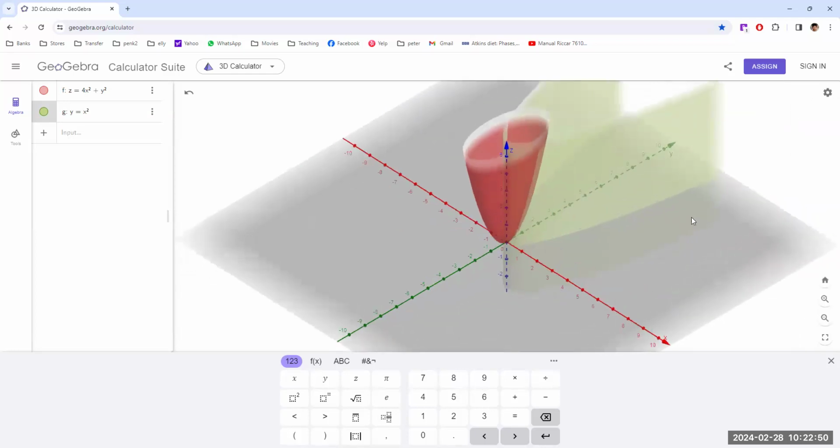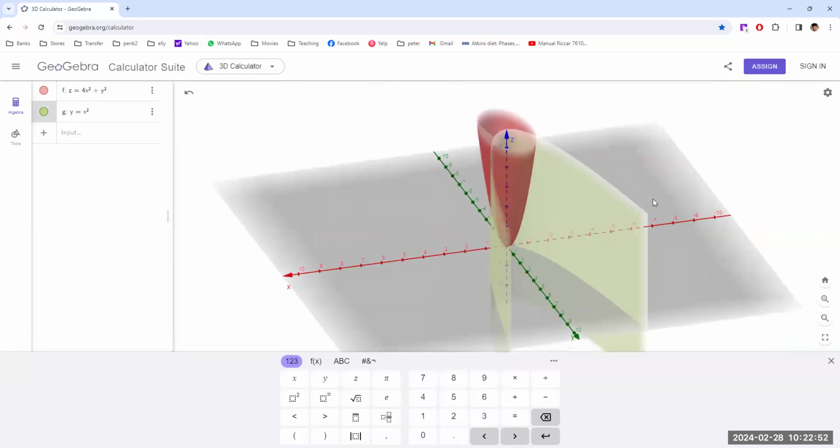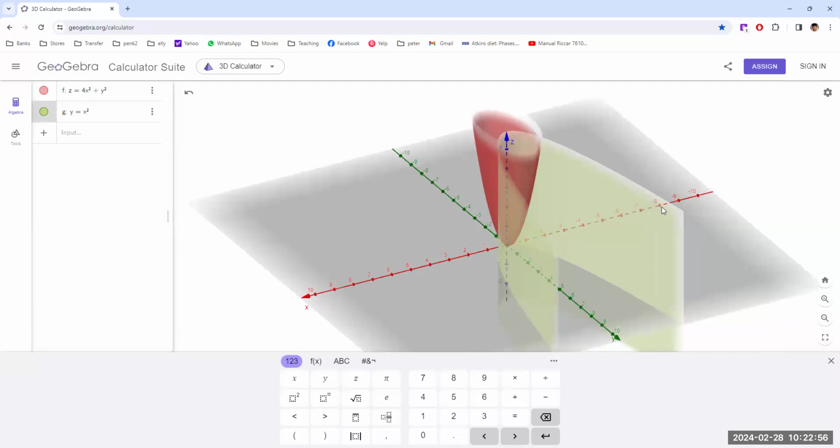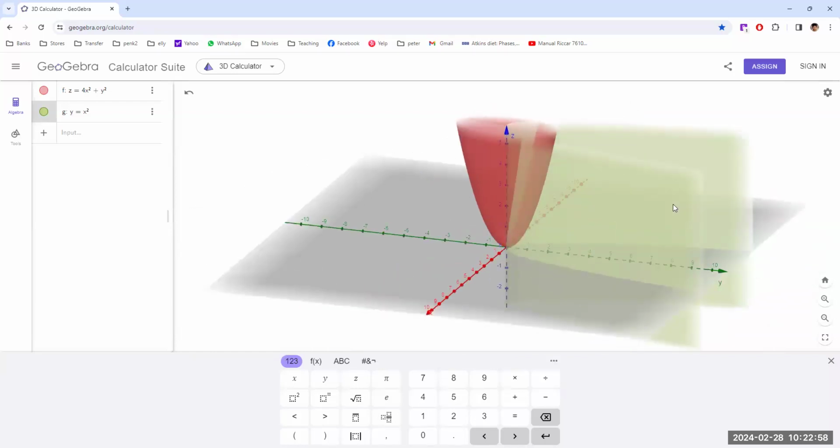And then let's turn this a little bit. Now, can you see that intersection already? Maybe I screenshot this and then put it on our notes.